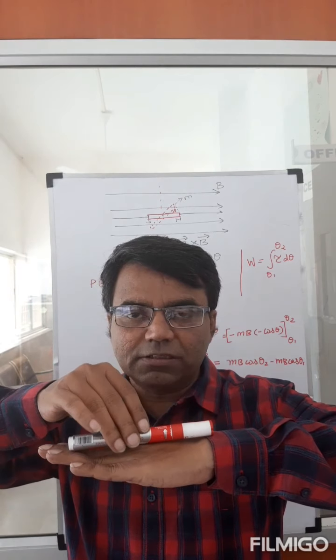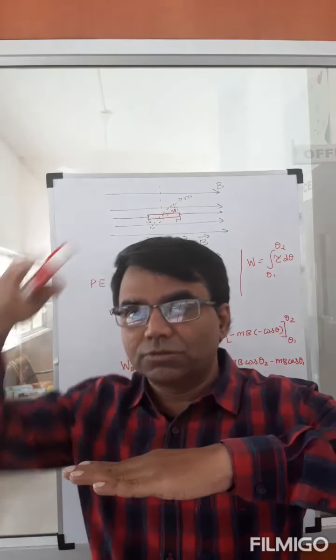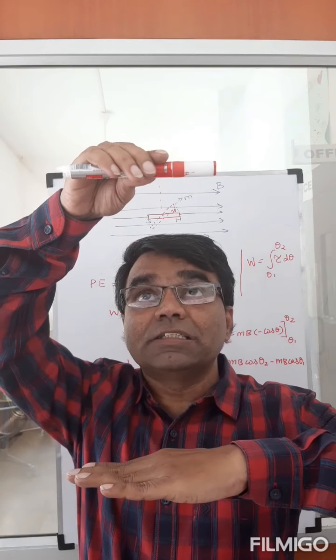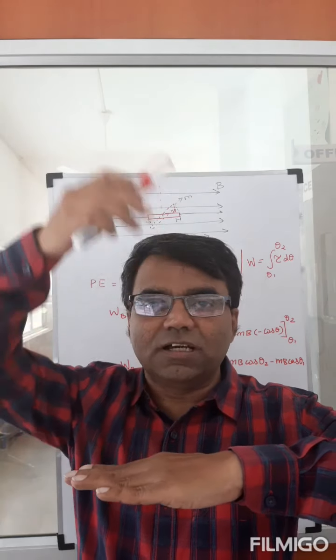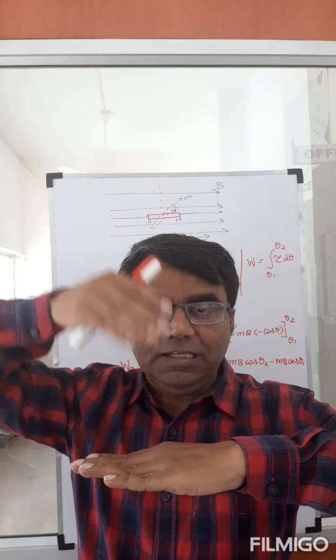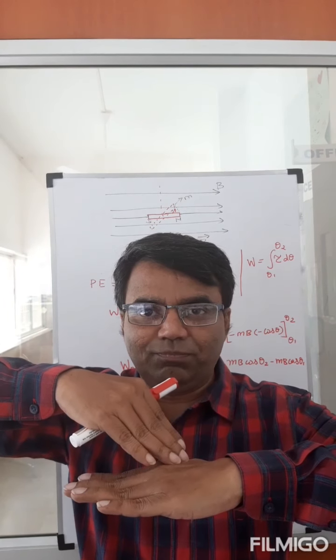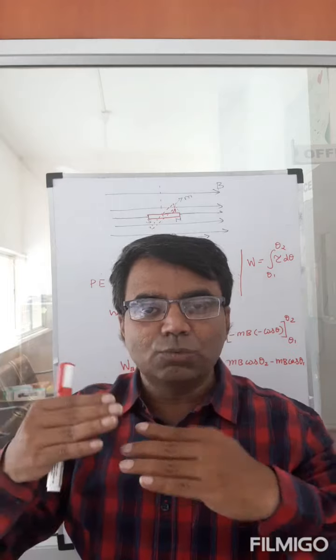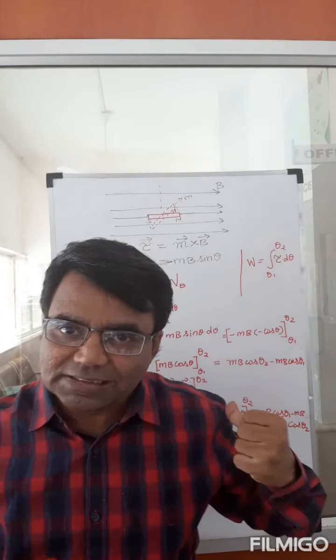And from this point I go to this point, maybe that is at h2 from the ground. So the potential energy at this point is mg h2. But the work done would be mg h2 final minus mg h1. This is how we calculate the work done there. And we are going to use the same approach here.